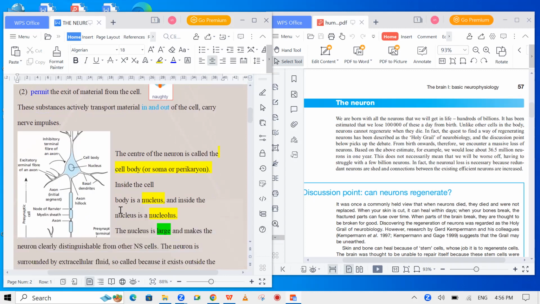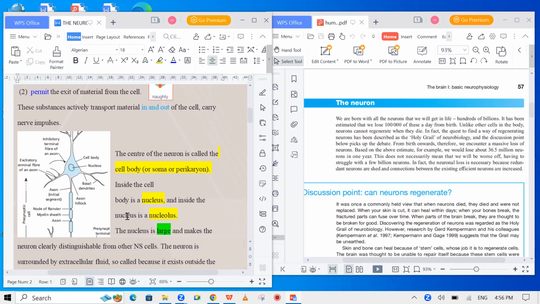As we've discussed before, the center of the neuron is called the cell body, which is the soma. Inside the cell body is the nucleus. The nucleus is large and makes the neuron distinguishable from other nervous system cells.